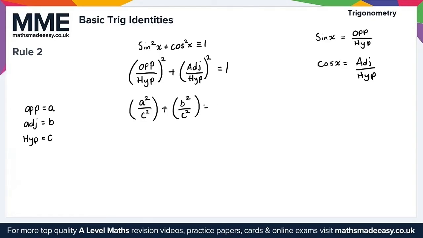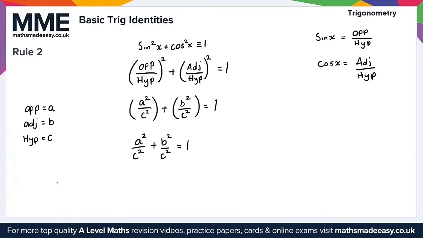And this is equal to 1. Now we don't quite need these brackets, but just so everything's clear: a squared over c squared plus b squared over c squared is equal to 1.